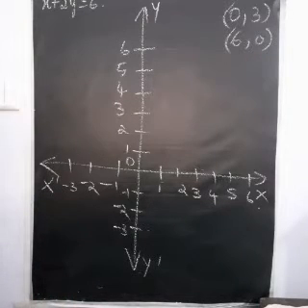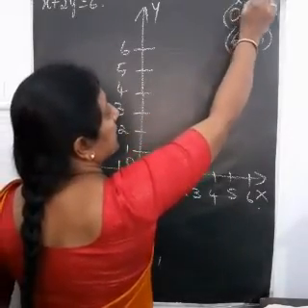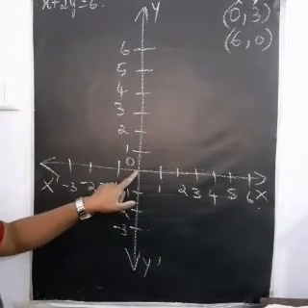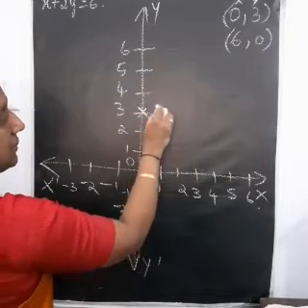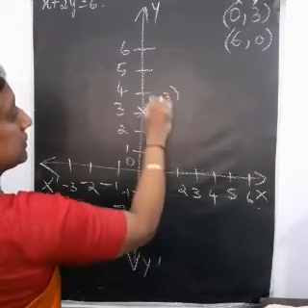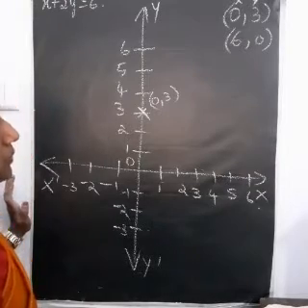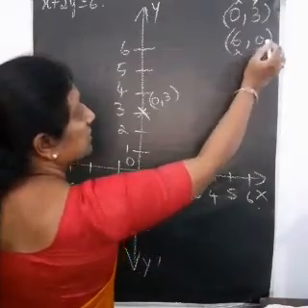Now let us plot 0, 3. 0, 3 means this is the x and this is the y coordinate. X coordinate is 0 and the y coordinate is 3. So I will get my marking here. Then the next is 6, 0. 6 is the x coordinate and 0 is the y coordinate.